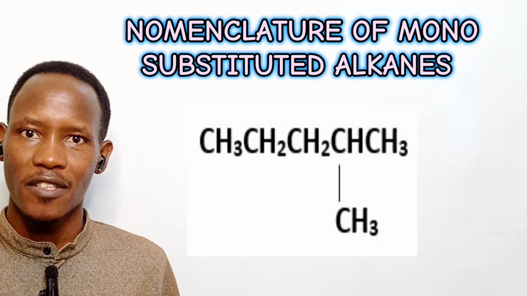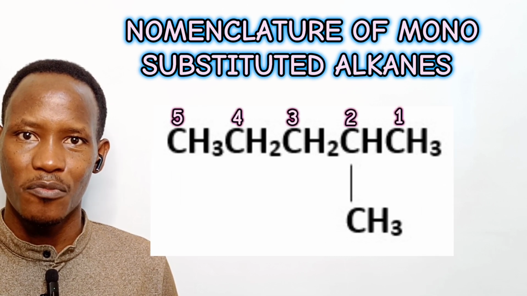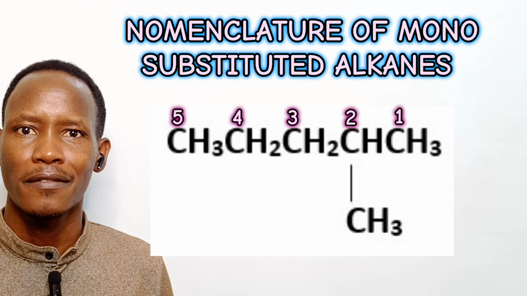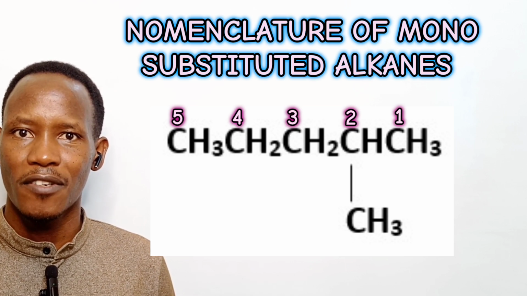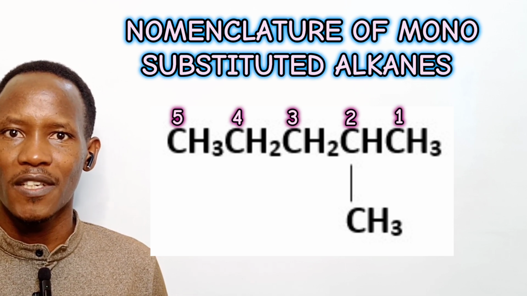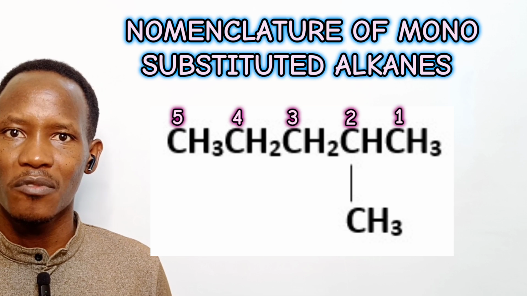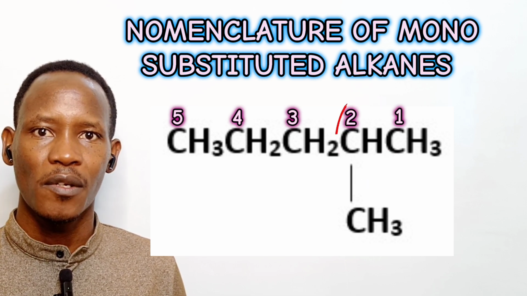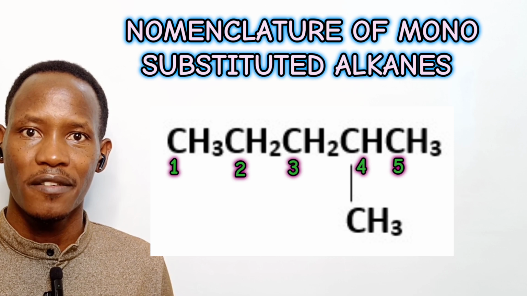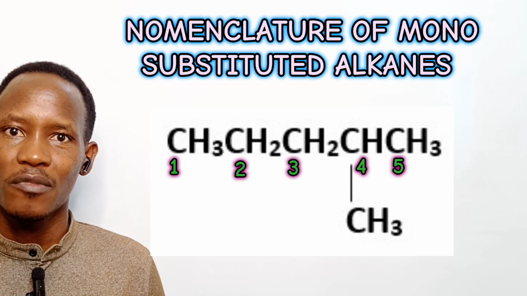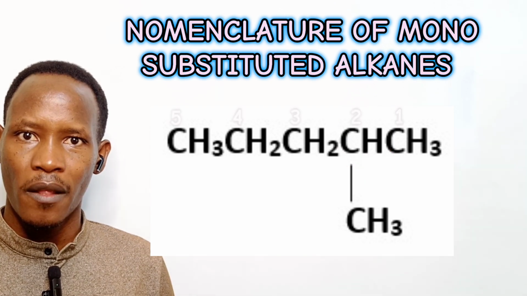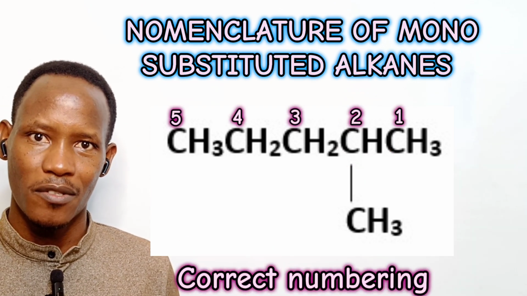Based on the previous example, there are two possible ways, but only one of them is correct. Notice that in the first one, the carbon atom attached to the substituent is in position number 2, while in the second numbering, it is in position number 4. We therefore consider the first one.